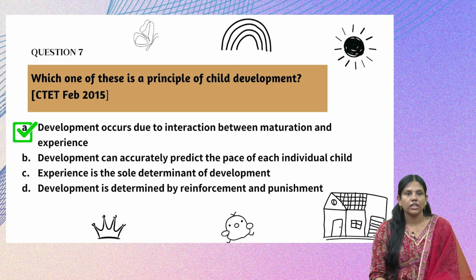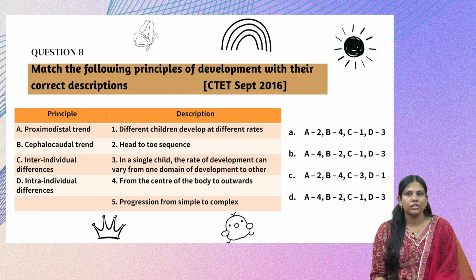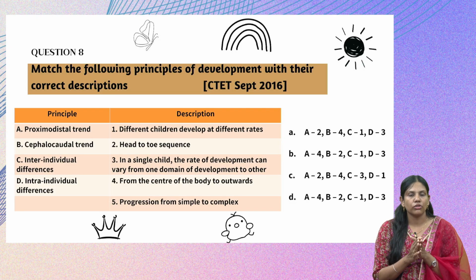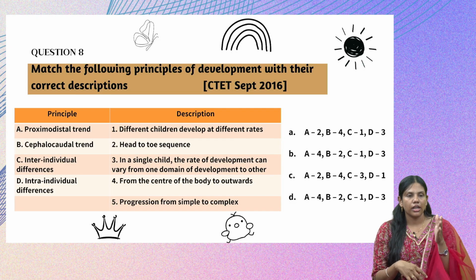The next question is, match the following principles of development with their correct descriptions. So this is a match the following kind of question. The left side is principle and the right side is description. The first principle they have given is proximodistal trend. Then the second one is cephalocaudal trend, then inter-individual differences and intra-individual differences.